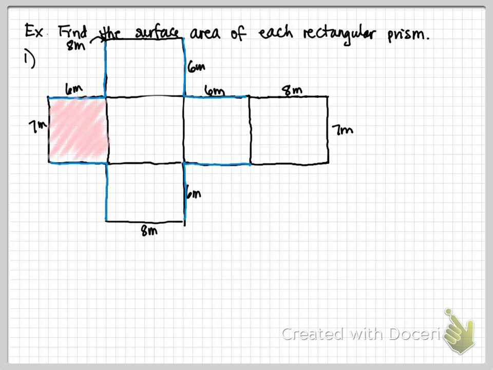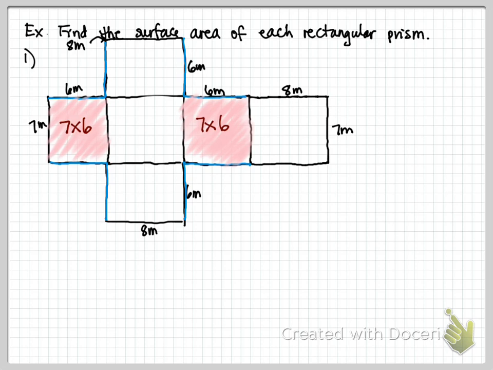So this guy is a 7 by 6 rectangle, and he has a partner, and that partner is over here. So when I fold up my shape, those two sides would be opposite and parallel to each other. So he's also 7 by 6.